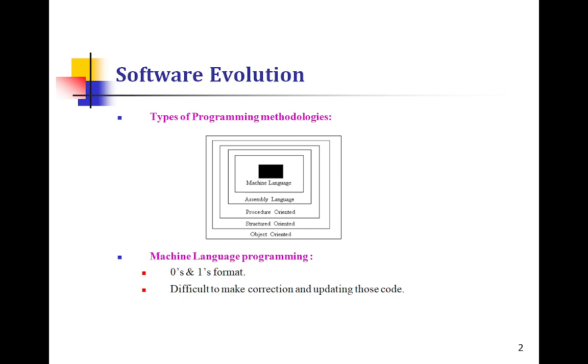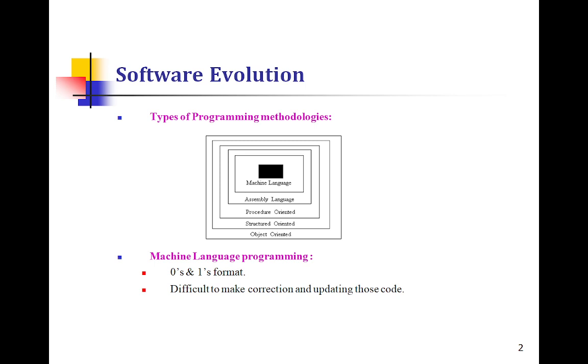Assembly language has different kinds of assembly mnemonic codes available. It may be add, subtract, or move functions. Whatever we can perform with the help of assembly language, after writing the mnemonic code, the assembler will convert the assembly language into the corresponding machine language format.